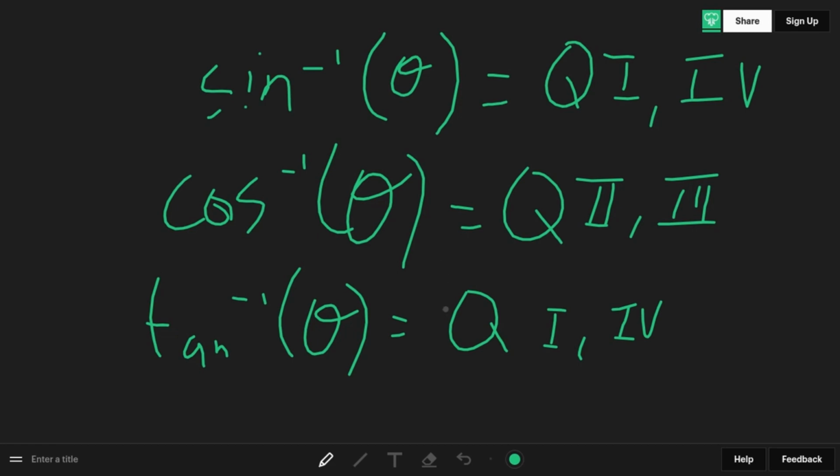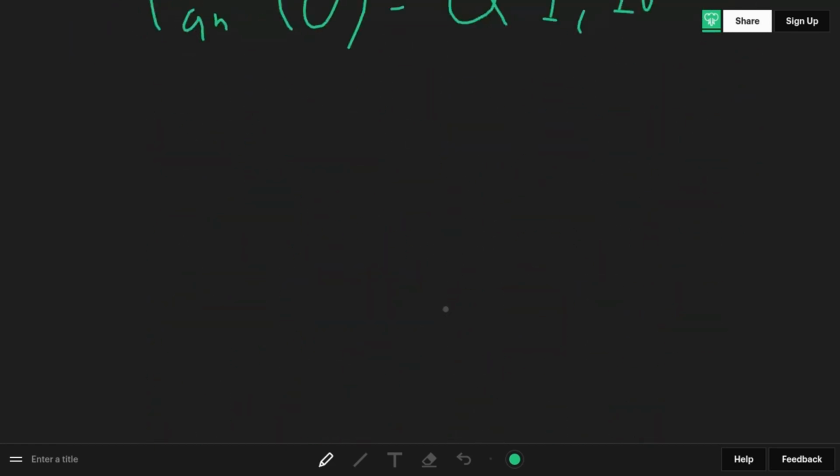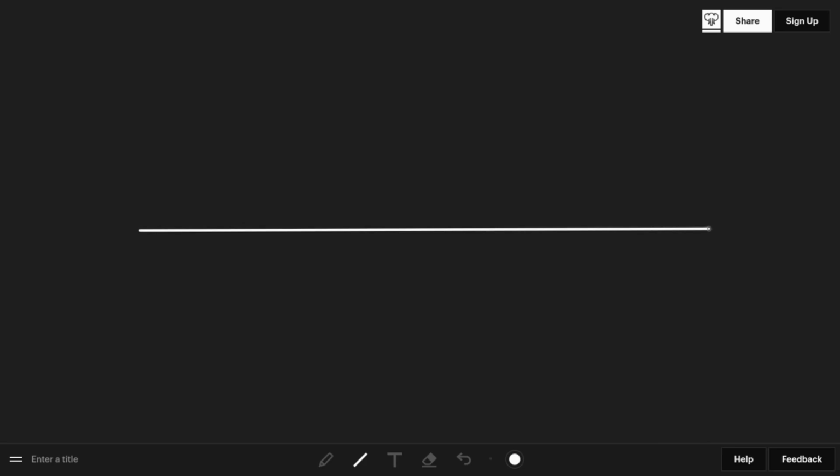And so that wraps up. One final thing before we wrap up is we'll do an example of graphing sine. So let's say here are my axes.